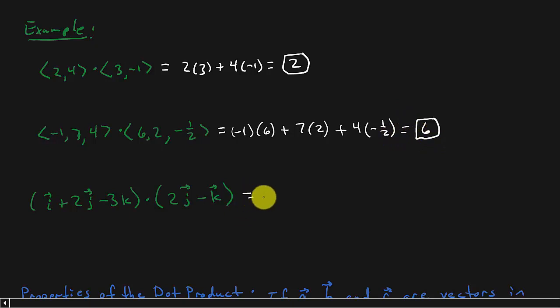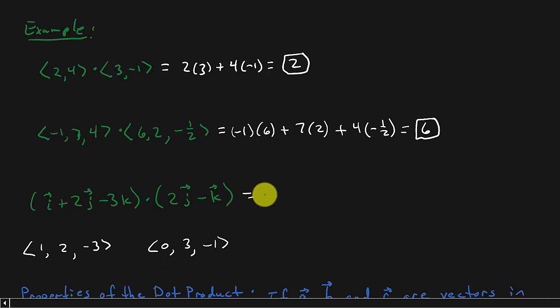And then this one, same thing. Remember, this is like the vector 1, 2, -3, and this one would be 0, 3, -1. You don't have to write this out. I'm just showing you this vector is this one, this vector is this.